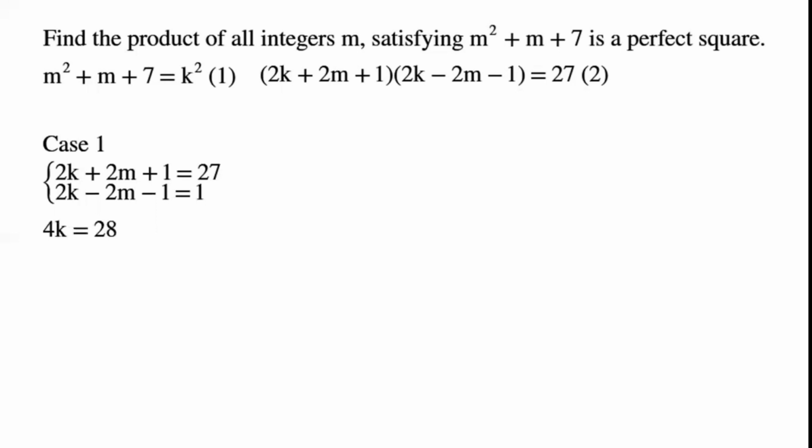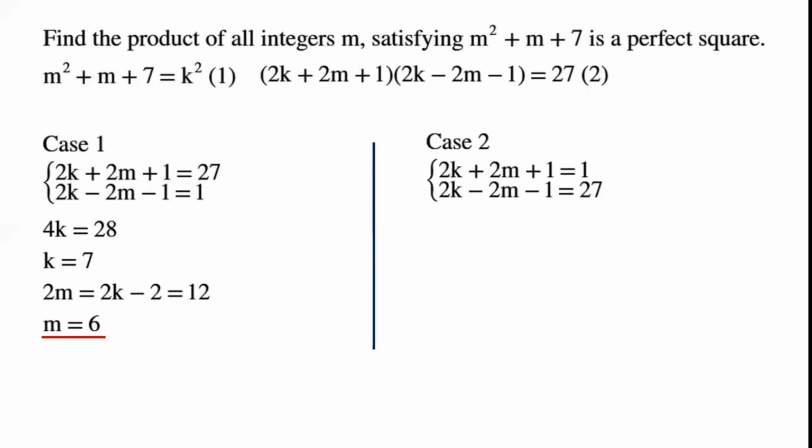From this set of equations, we can derive that 4k equals 28, which means k equals 7. 2m equals 27 minus 2k minus 1, so this is equal to 12. So m equals 6.